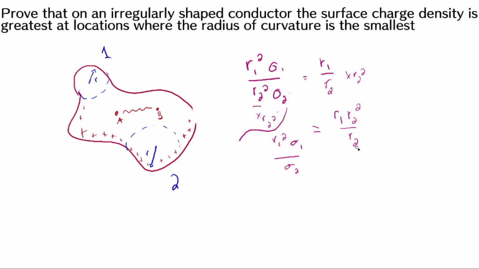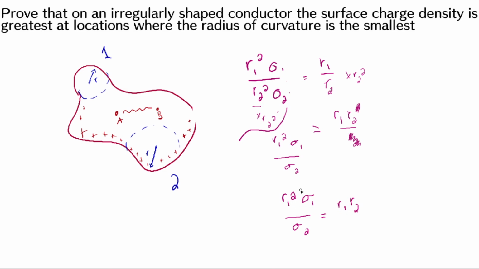Here we have r2 on the top and bottom, so we can get rid of the squared, and we can rewrite this as r1 squared sigma 1 over sigma 2 is equal to r1 r2.